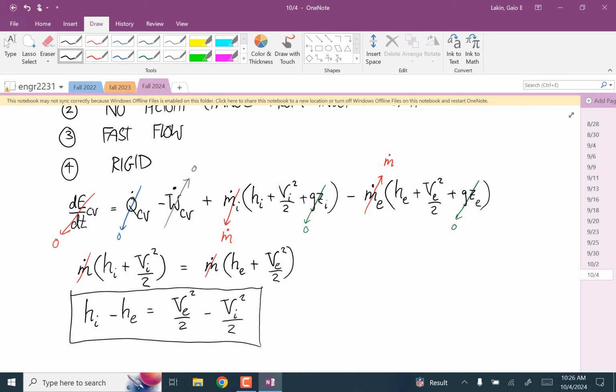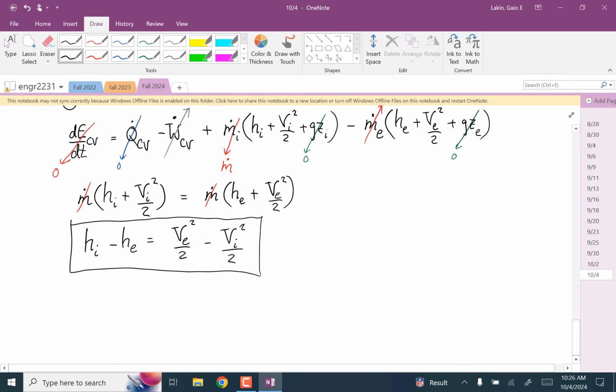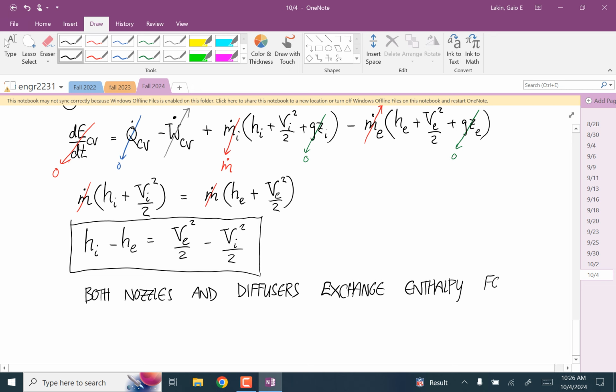Okay, so both nozzles and diffusers exchange enthalpy for fluid speed.